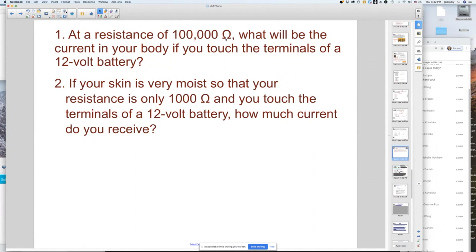So at a resistance of, say, 100,000 ohms, what will be the current in your body if you touch the terminals of a 12-volt battery, like a car battery? Well, this is normally what your resistance is under normal conditions for a human, and the current will be the voltage divided by the resistance, which is 12 volts divided by 100,000 ohms. This is not a lot of current.